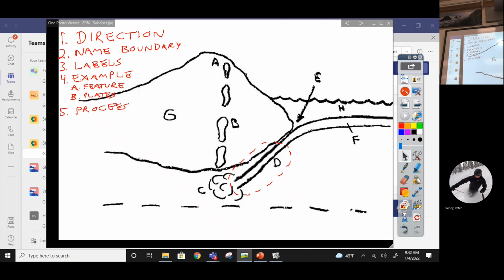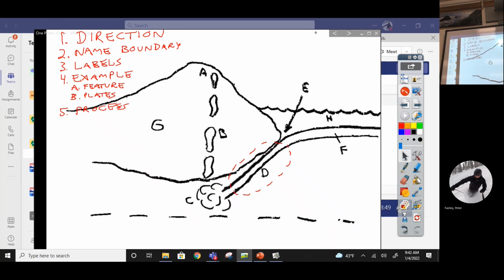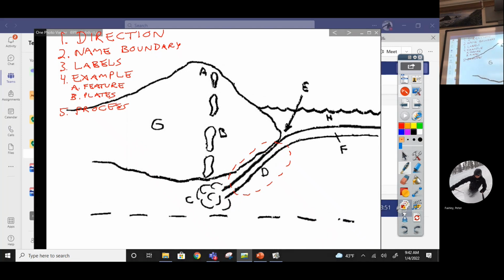And what did you get for D? If I was gonna draw A, it would be something like this. What did you put for A? Volcano. That's perfect. And then D. No, that's not what I'm looking for.